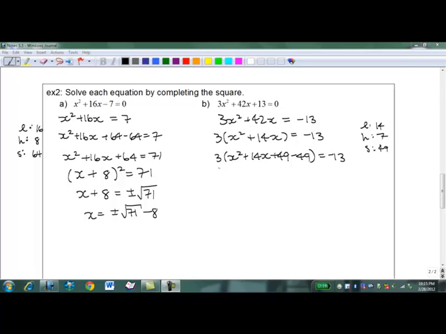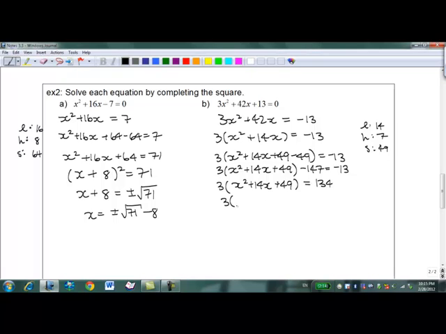Let us move that negative 49 out of the bracket, so we have 3 bracket x squared plus 14x plus 49, and negative 49 times 3 is going to give us a negative 147, and still equaling negative 13. Let's group that to the other side. As we also complete the square here, we have 3 times x squared plus 14x plus 49, and negative 13 plus 147 is 134.